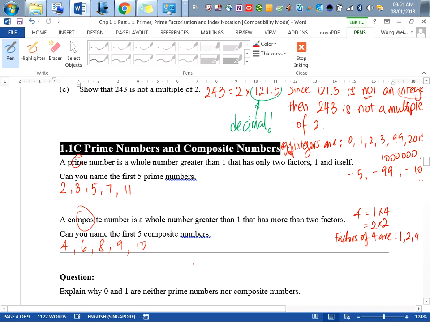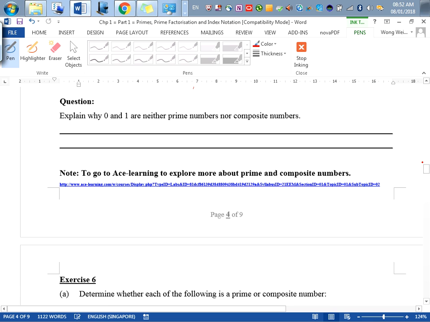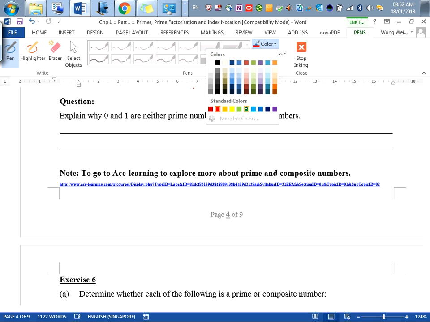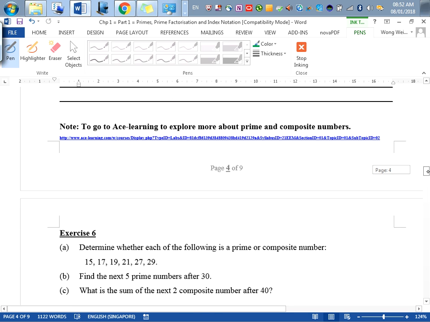Look at this statement carefully, and this statement. Some of you saw it already. I won't tell you the answer. You go and read carefully, and you will be able to answer why. So over here, homework again. Try and fill this up. Next lesson, we will go through it.